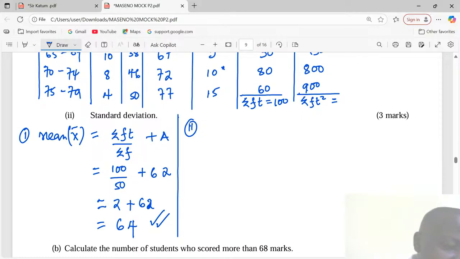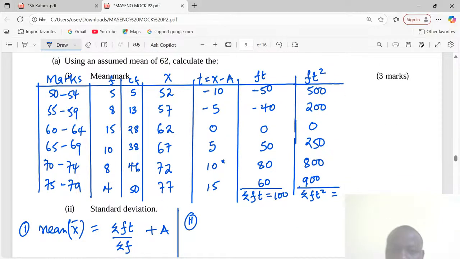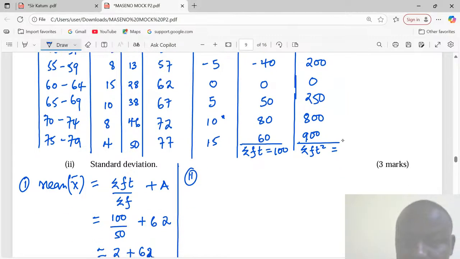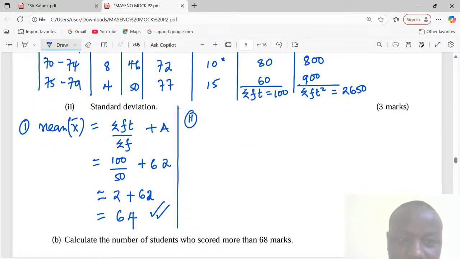Let's take this summation: 500, 200, 250, then 800, 900. I'm getting 2650. Then now we talk about the variance and standard deviation.